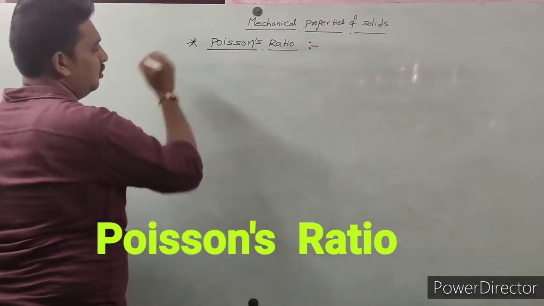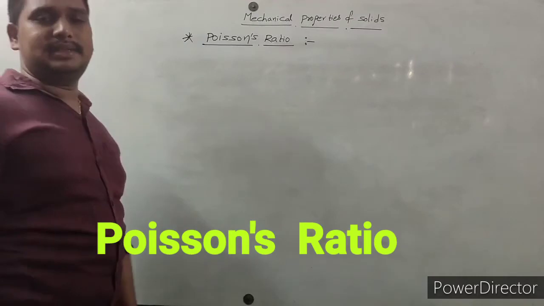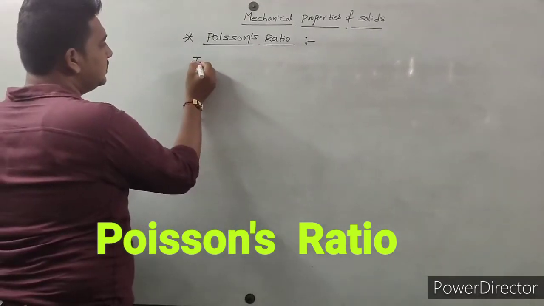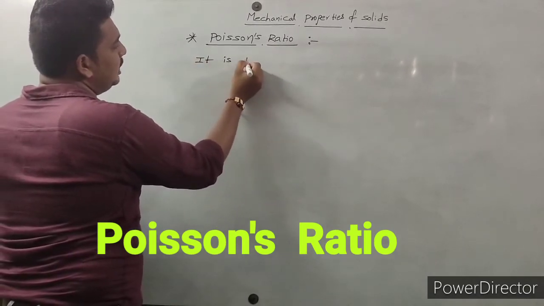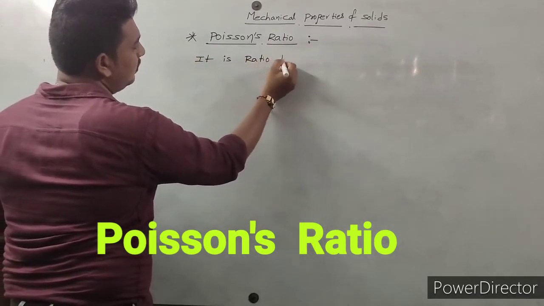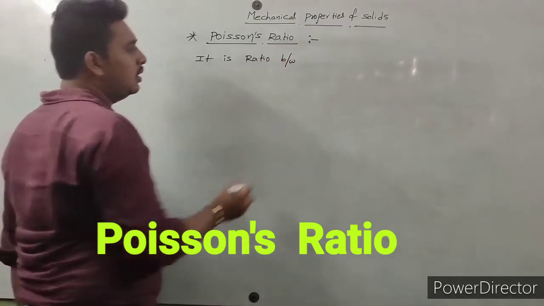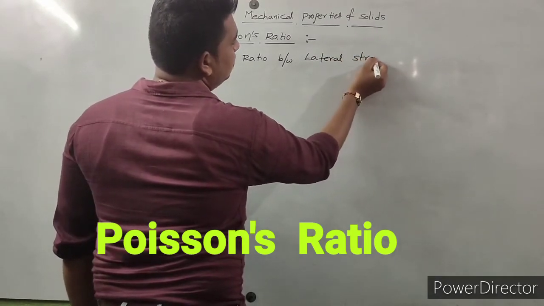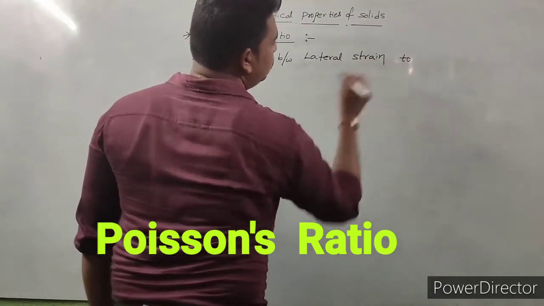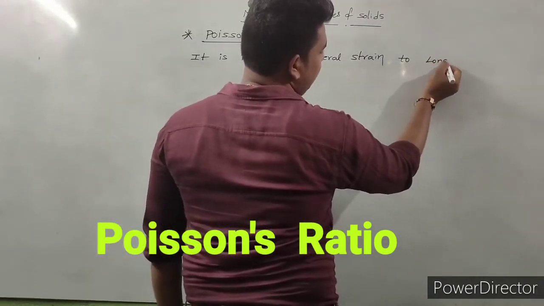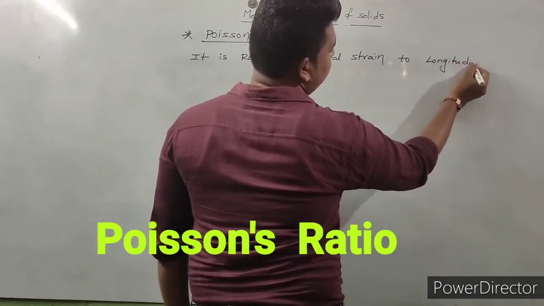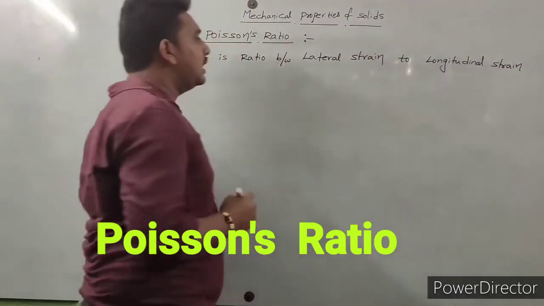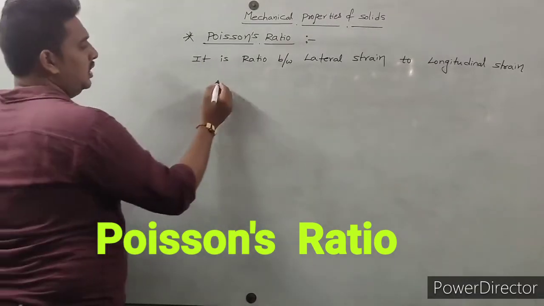Poisson's ratio is the ratio between lateral strain to longitudinal strain. Lateral strain to longitudinal strain.